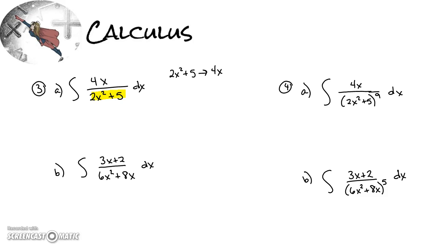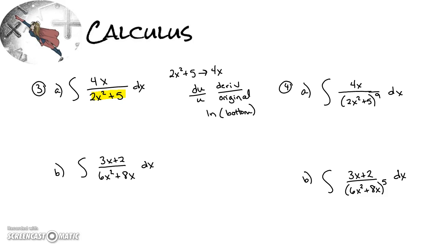When you have this type of situation where you have du over u, so derivative of something over the original, that's really common because that answer is going to be the natural log of the bottom.